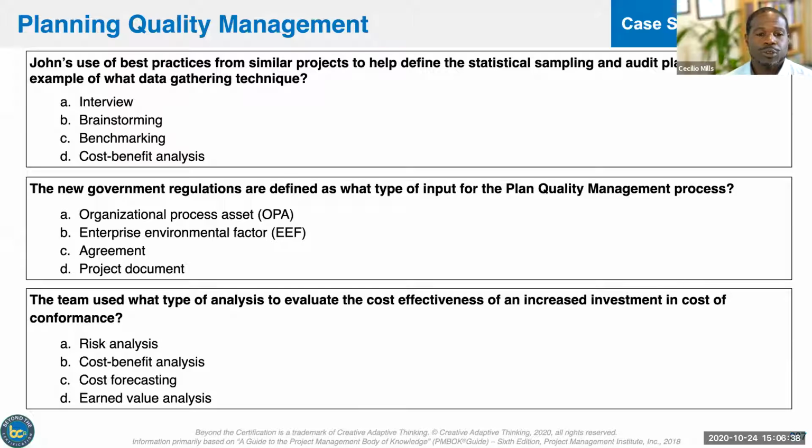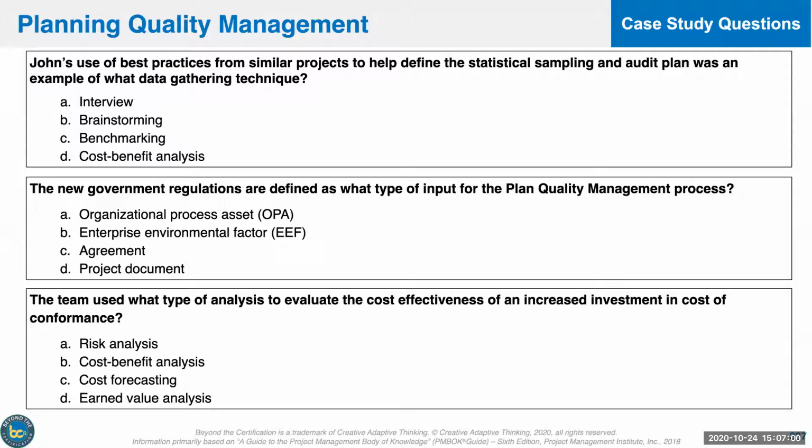All right, so John's use of best practices from similar projects to help define the statistical sampling and audit plan was an example of what data gathering technique? C. Okay. And the new government regulations are defined as what type of input for plan quality management?